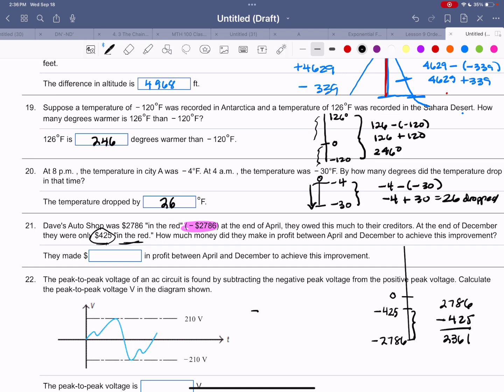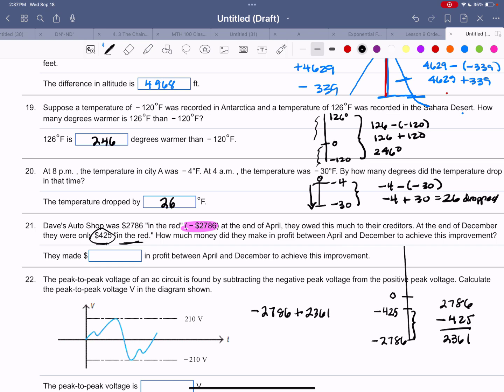So let's think about this. If they were at negative 2786, they added on 2361. Okay, I'm going to use my calculator. 2786 minus 425 is 2361.